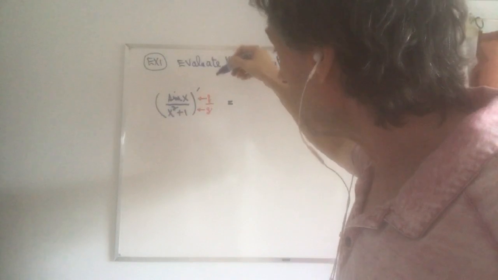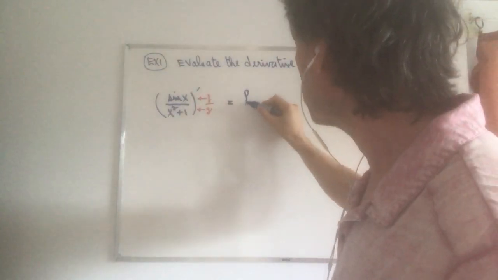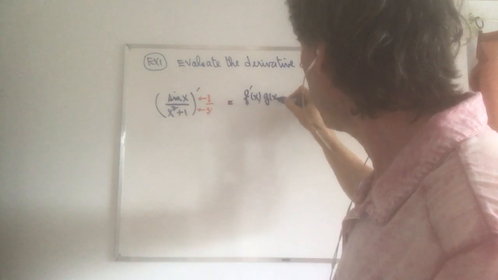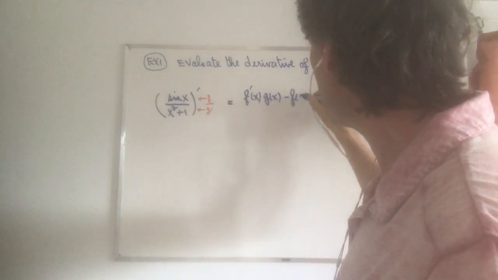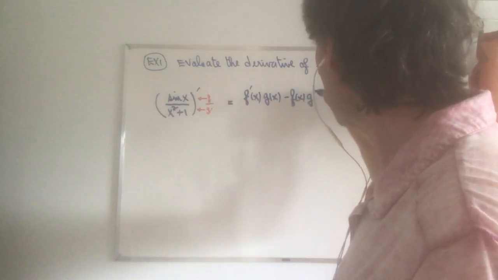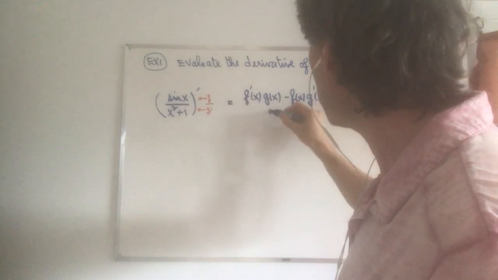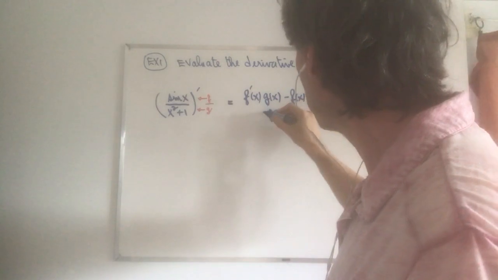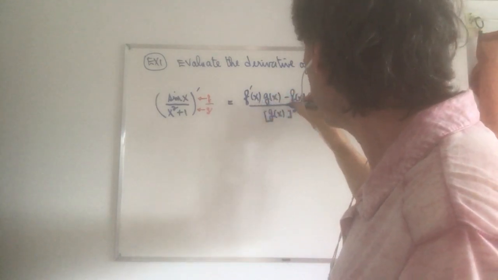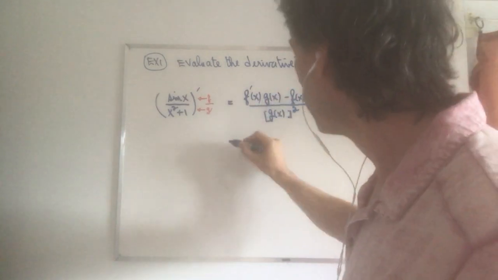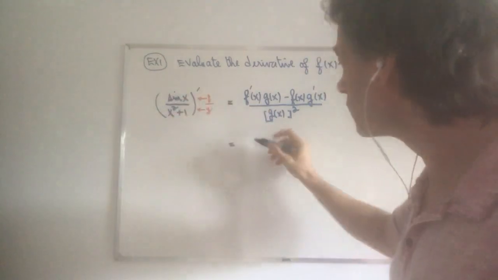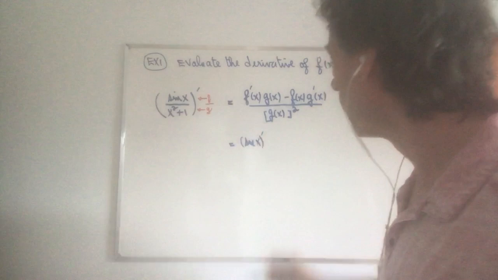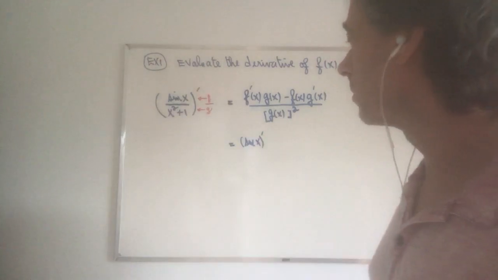So what is the quotient rule? Well, the quotient rule is f prime g minus f g prime over g of x squared. All right. Now, our f is sine x. It's the upper function. So we shall go f prime, that is sine x prime.